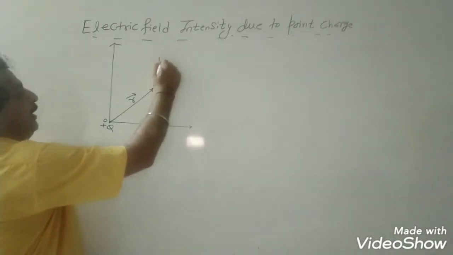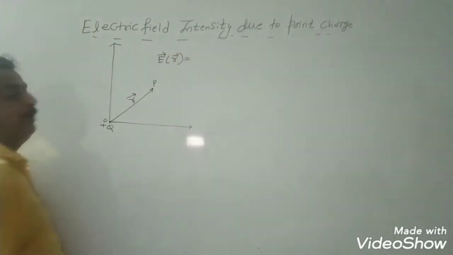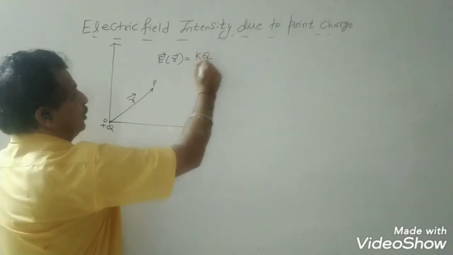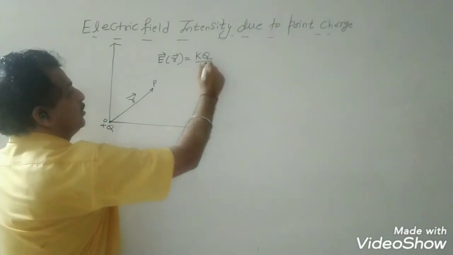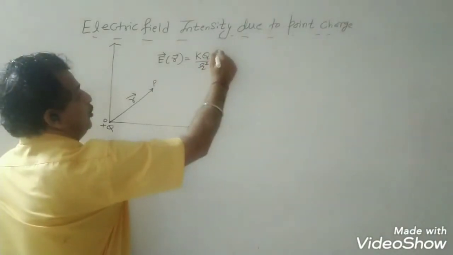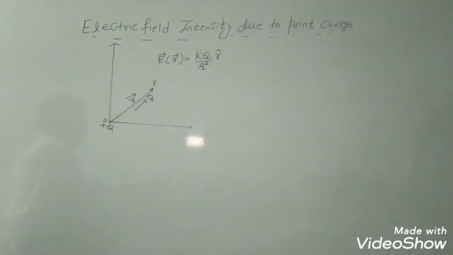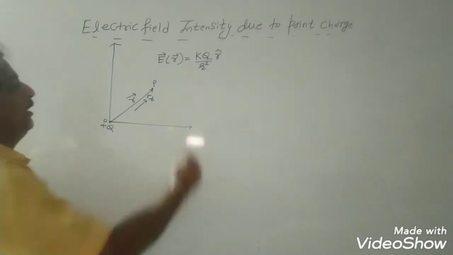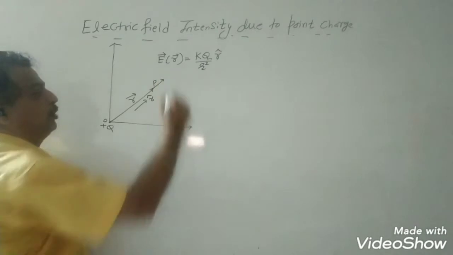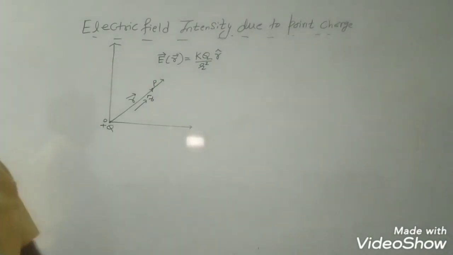We derived the relation that the electric field intensity at point P is equal to K times the source charge upon the distance between test and source squared, times the unit vector which gives the direction of the electric field intensity, and the direction of electric field intensity is in the direction of the force acting on the test charge. The test charge was placed at point P.